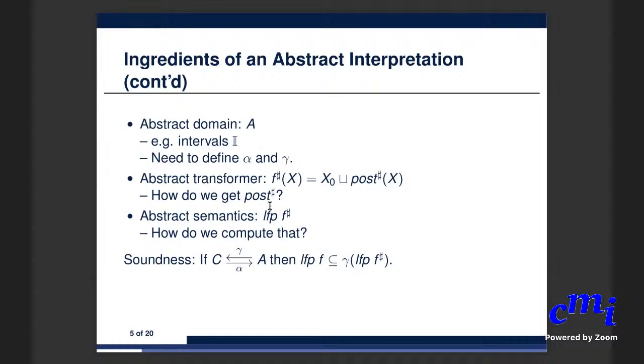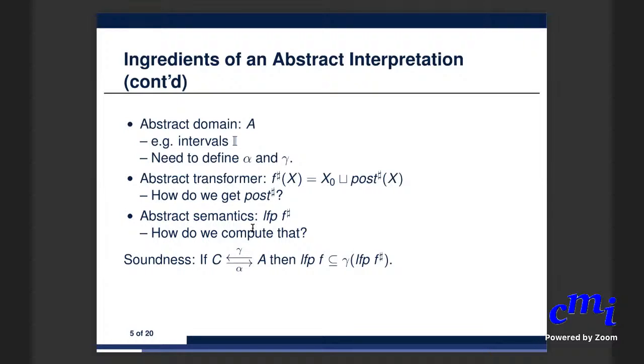And then once that is defined, and that's what we will look at in today's class in detail for a small language, that is something that has to be constructed before you can actually compute the abstract semantics for computing the least fixed point, representing the inductive invariant over the abstract domain.